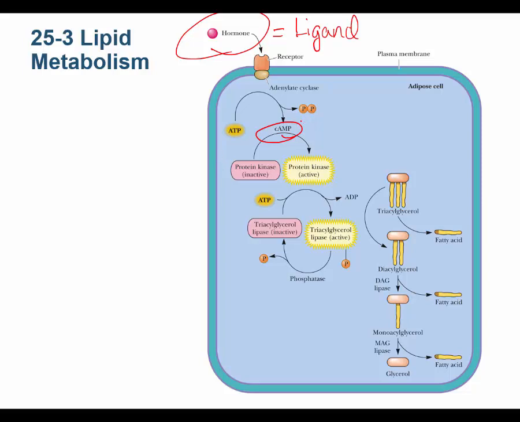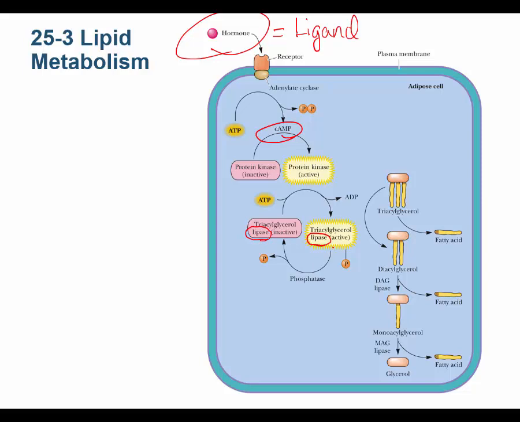Just like the control mechanisms in carbohydrate metabolism, where phosphorylation was a trigger, sometimes triggering it on and sometimes off, it's the same thing. We activate a protein kinase and we trigger the phosphorylation of an enzyme. In this case, lipase. Lipase is inactive when it's dephosphorylated and it's active when it's phosphorylated.